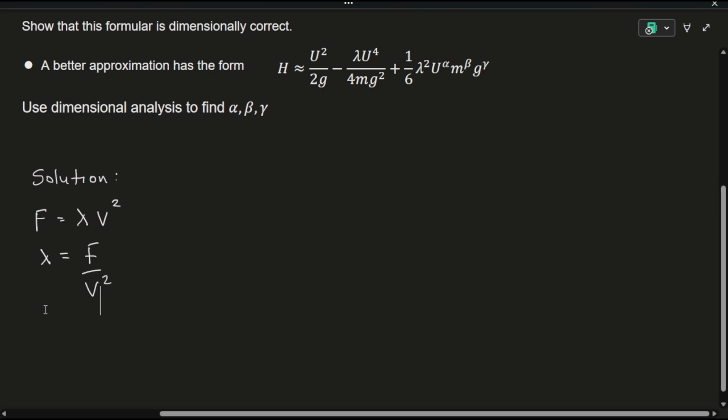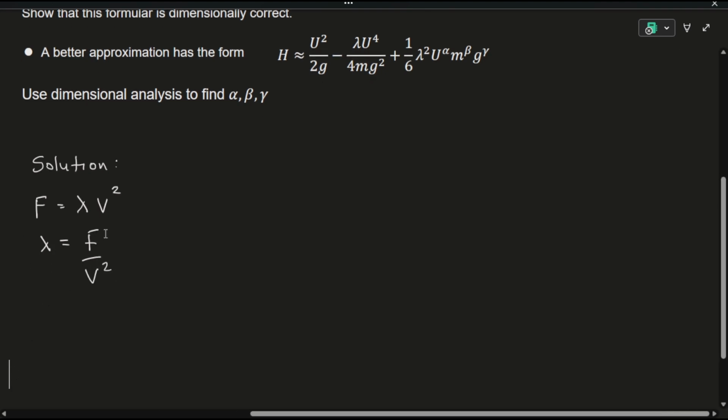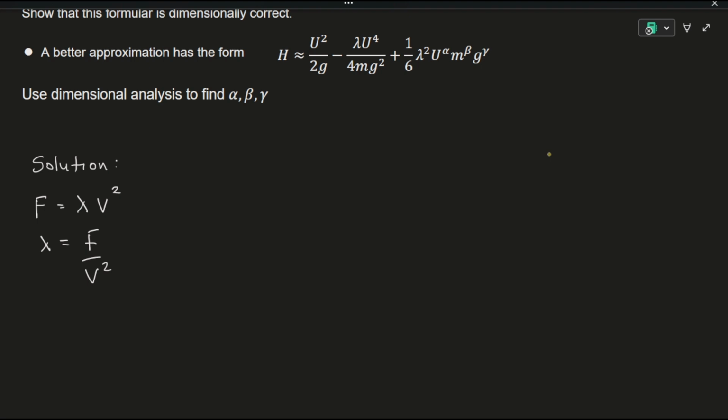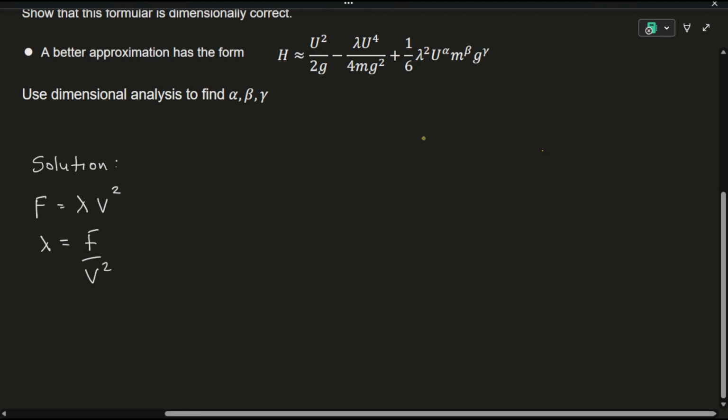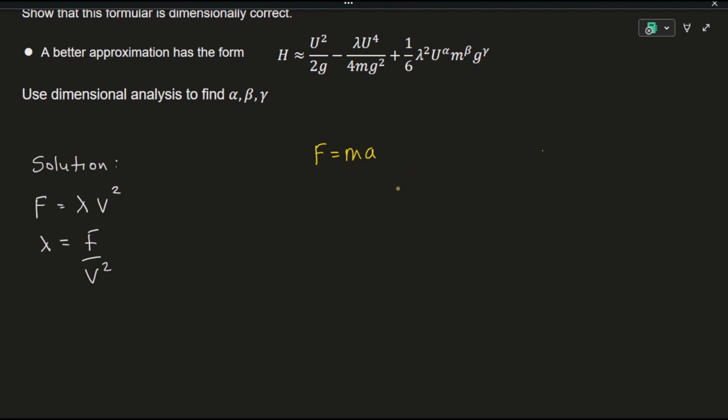In order to determine the dimensions of lambda, we would need the dimensions of the quantity force and that of velocity. So what is the dimensions of force and what is the dimensions of velocity? According to Newton's second law of motion, the force is equal to the mass of the body and its acceleration.